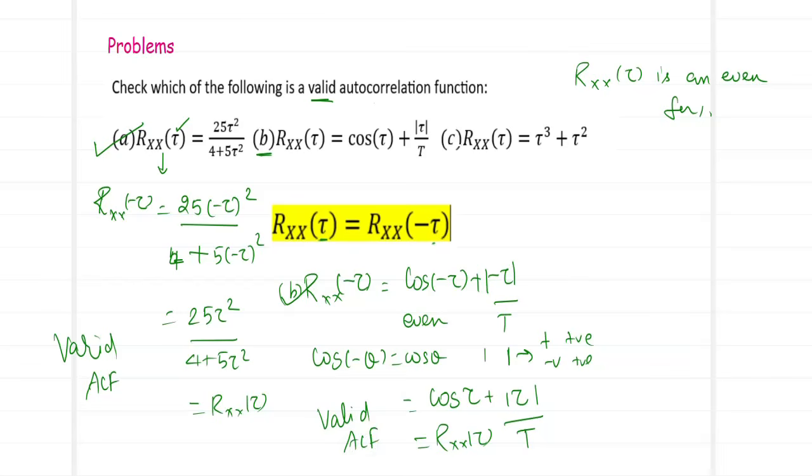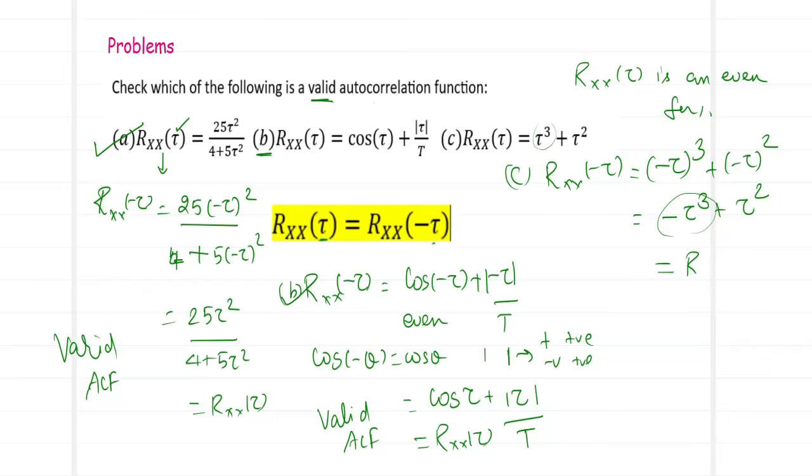How about the third one? Let me replace Rxx of tau by minus tau. So when I replace, what will happen? Minus tau the whole cube plus minus tau the whole square. What is minus tau the whole square? This is going to be positive tau square. The negative sign gets absorbed. But what happens when I have minus tau the whole cube? It is going to give me a negative sign of tau cube. Now, what I have over here is positive tau cube, but what I have over here is negative tau cube.